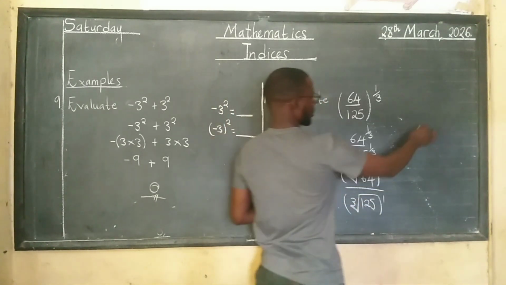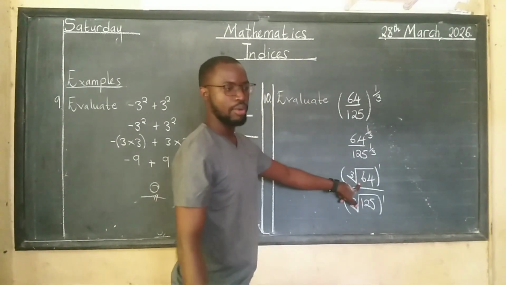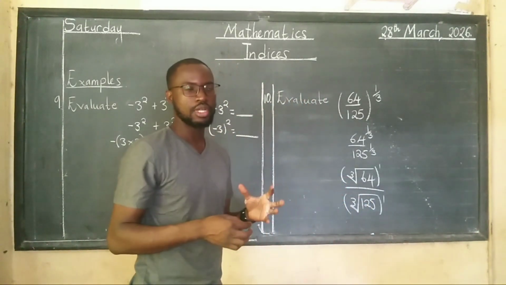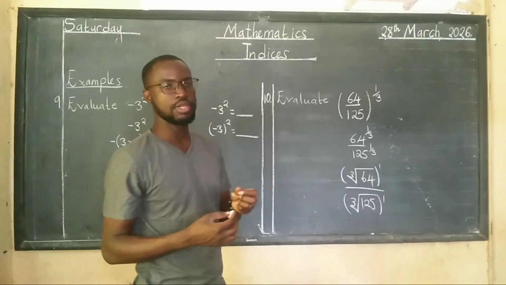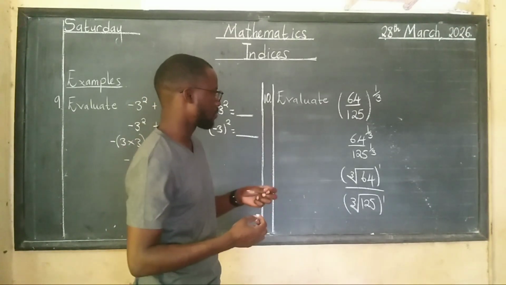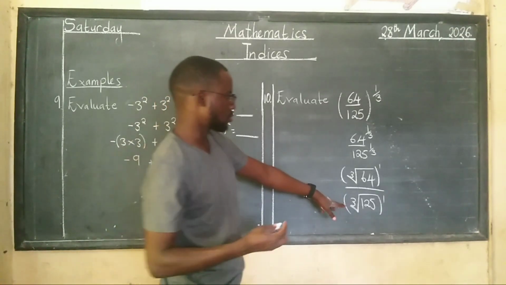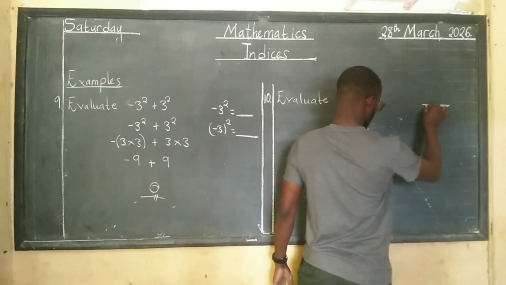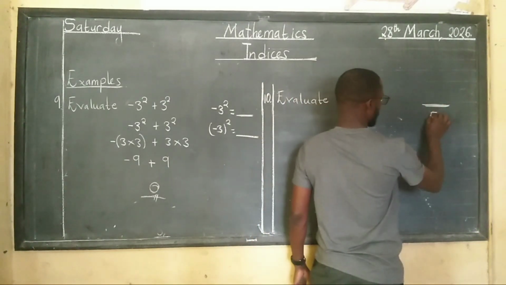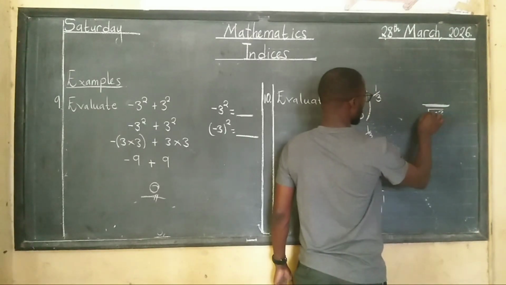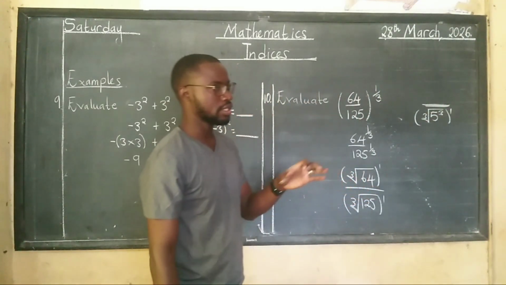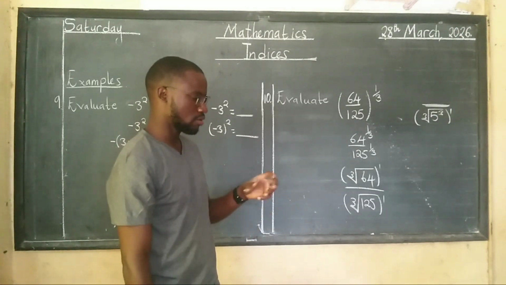Then we express 64 as a power of 3. What number can that be? 125 as a power of 5 is 5 to the power 3. Now for 64, 8 times 8 is what will give us 64.